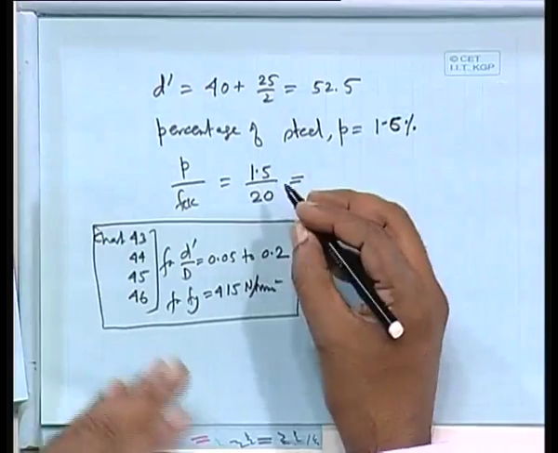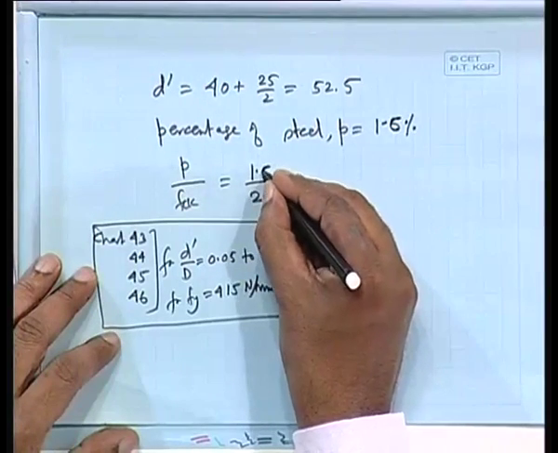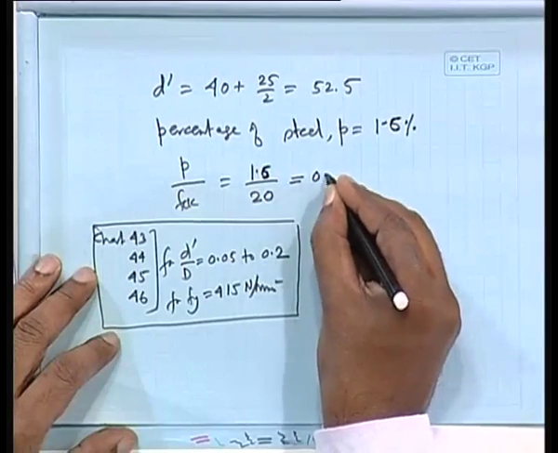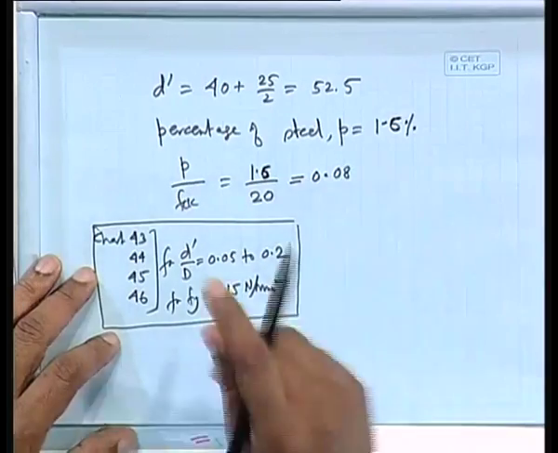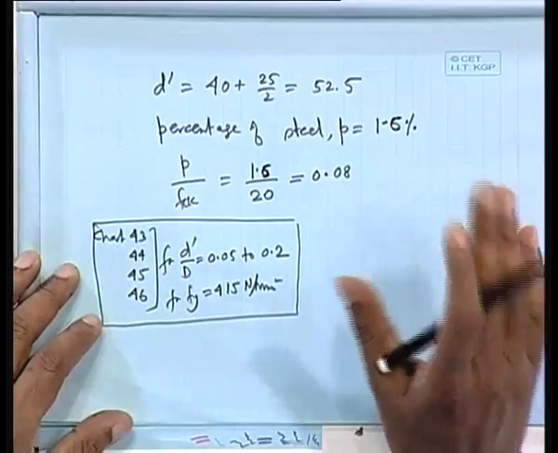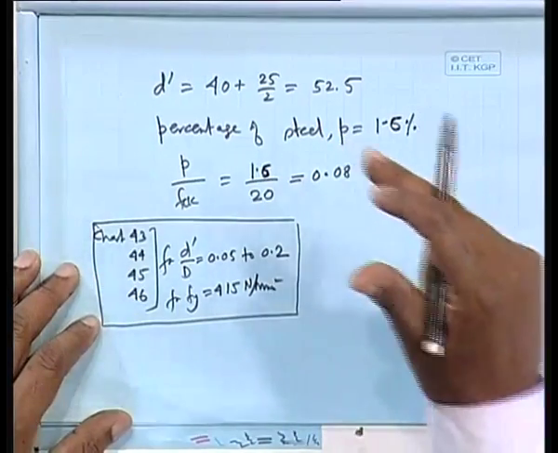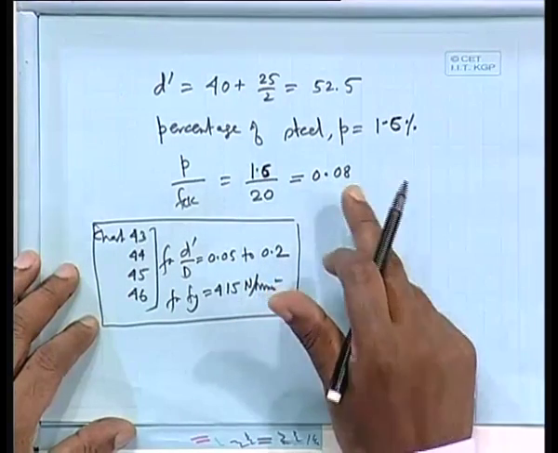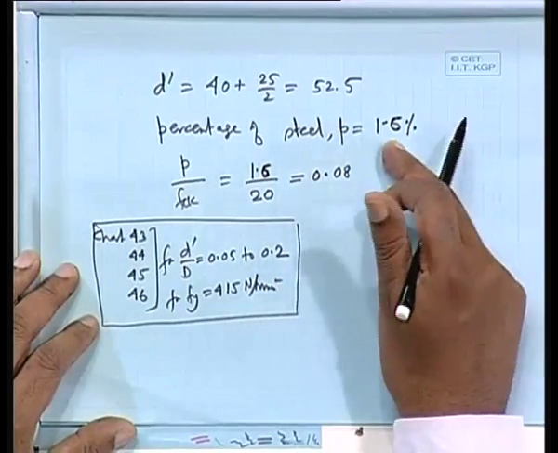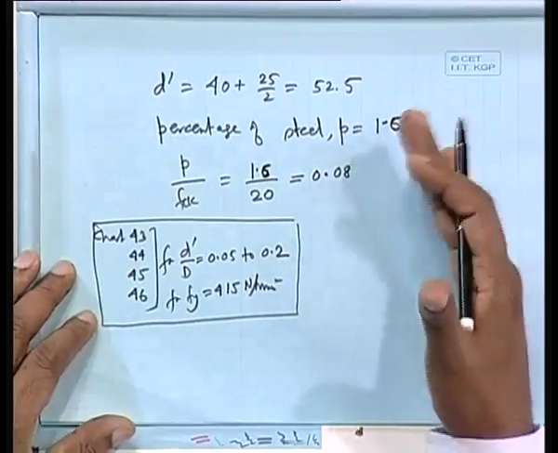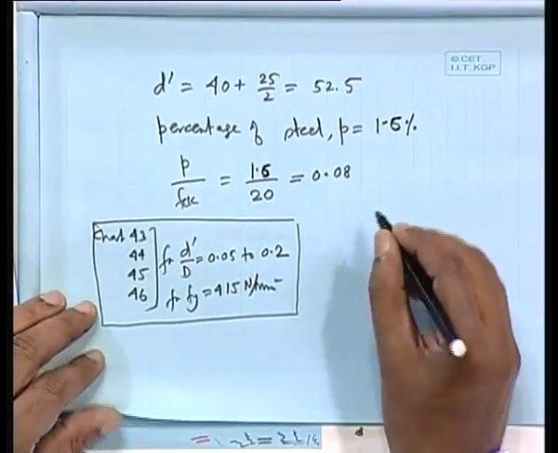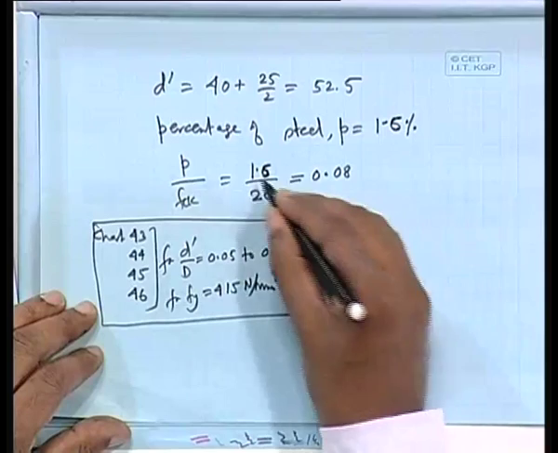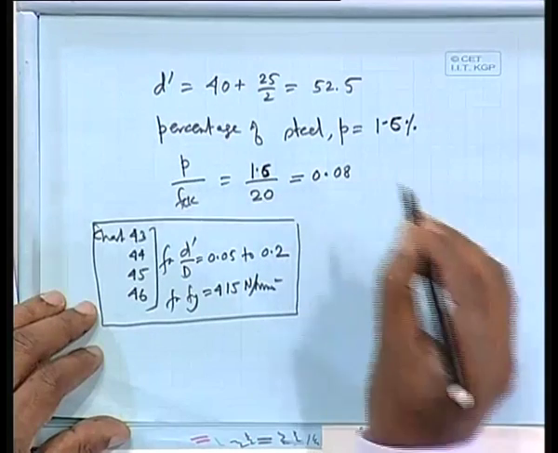It will be a little bit easier. So, I can take 0.08. That means I need not do the estimation again, because directly I shall get one curve, that is p by fck 0.08, that curve I can choose. I can take 1.4 also. So, this is the tricky thing I am doing here. So, this is your p by fck equal to 1.6 by 20, 0.08.